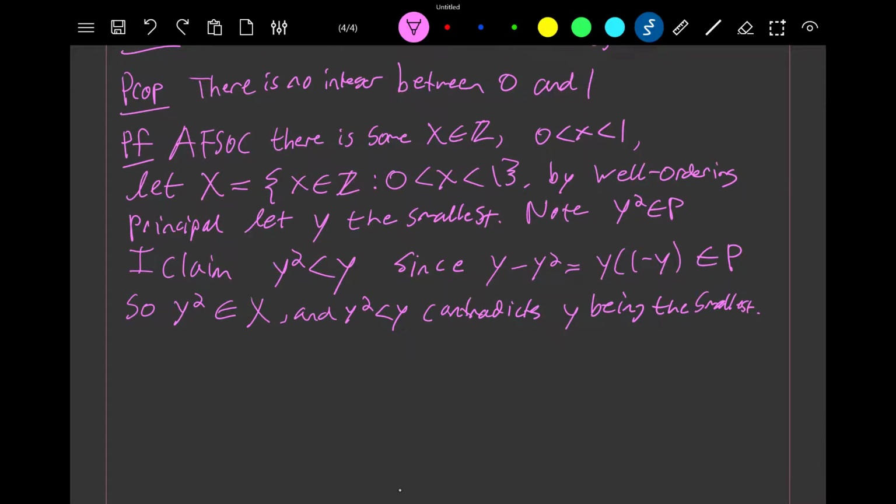So maybe let's do a proposition. Any well-ordered ring is, I shouldn't say is the integers, I should say is isomorphic to the integers.